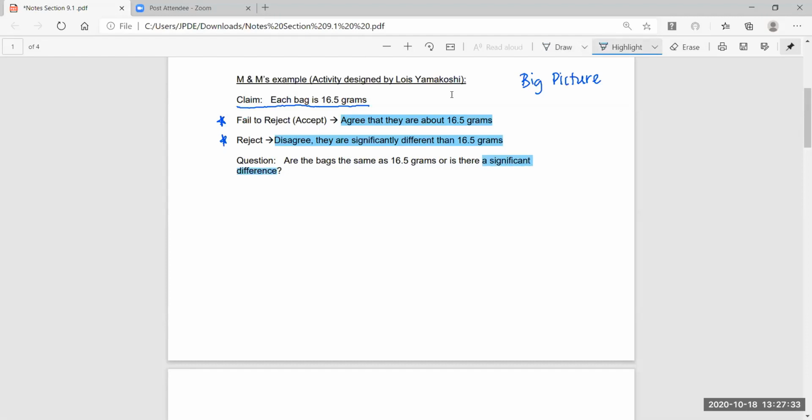Because you're going to see in a second, I have peanut M&Ms. Well, because of the peanuts, they don't all weigh exactly the same. But we're going to say, are they about the same, or is there a significant difference? I'm going to pause for a sec and go back to the video so that you can see the activity. And again, the idea here is, is there a significant difference?